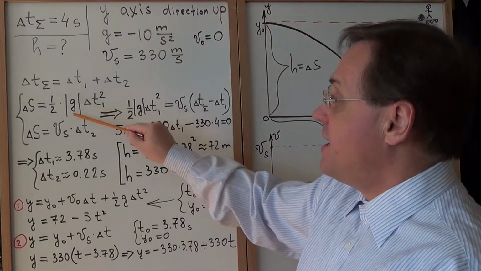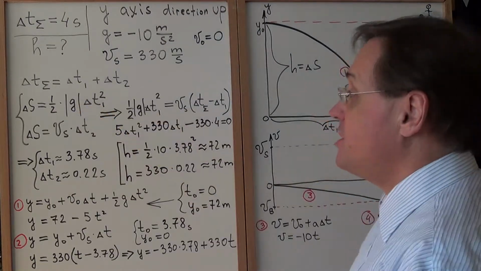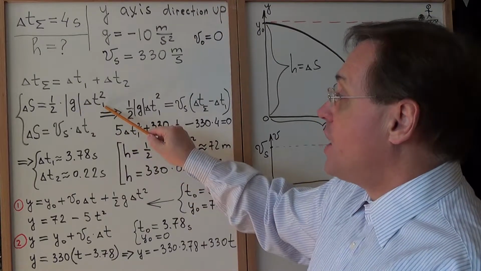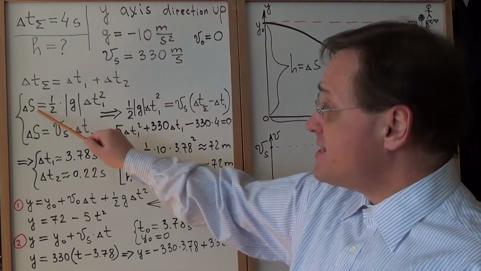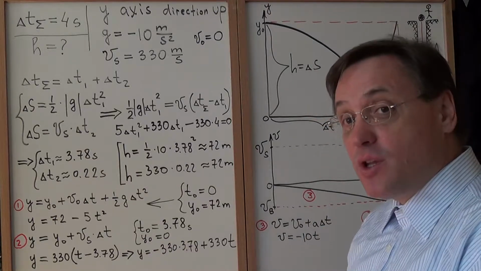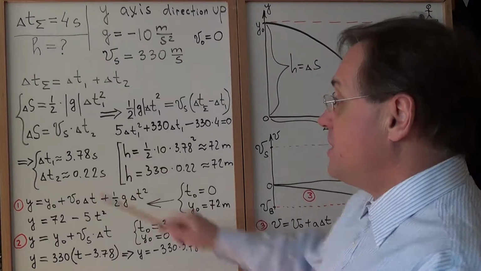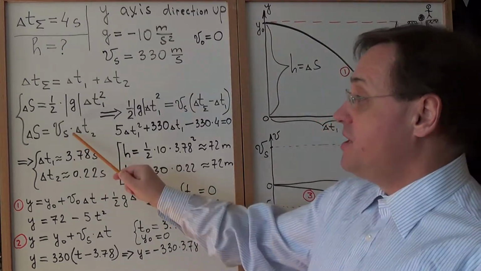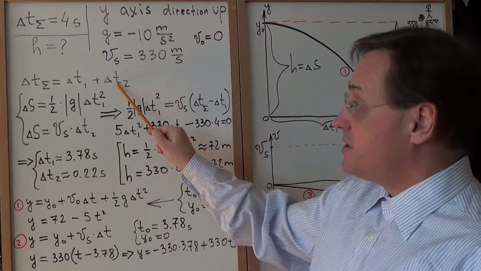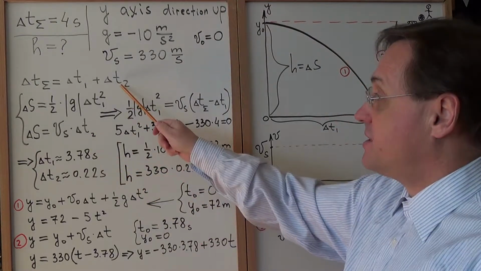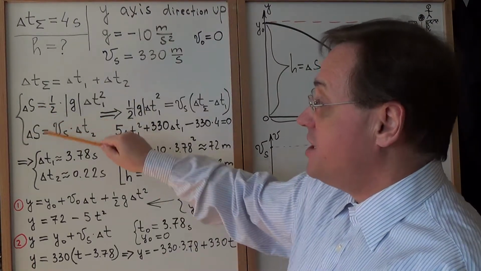So we'll take the absolute value of acceleration due to gravity, and we'll take our delta t1 time. Delta t1 is the time of the rock falling down. The same distance the sound will go up to us, but at a constant speed of sound, and it will be delta t2, the time of the sound coming up. So both distances are equal.